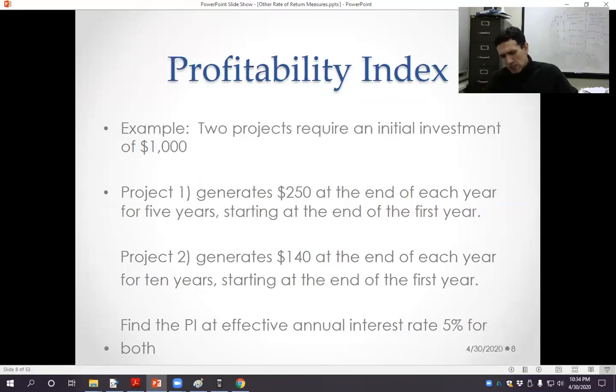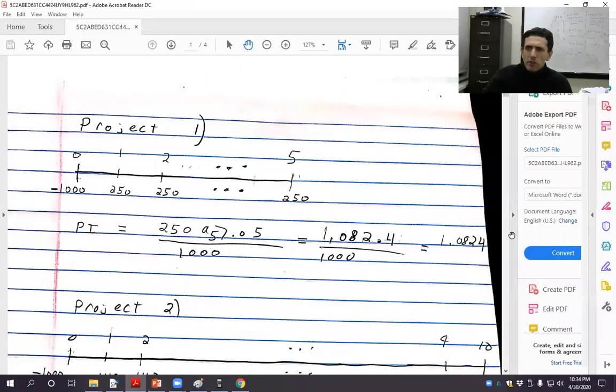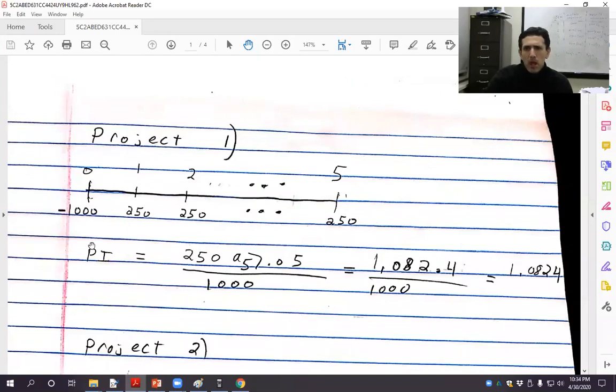Okay, so yeah, like I said, this is pretty much plug and chug. Not a whole lot to the calculations involved here. So this is project 1, minus 1,000 initial investment, and then you get the revenue of 250 for 5 years after that. So the present value of revenue is just an annuity immediate for 5 years at 5%, which is 1082.4.